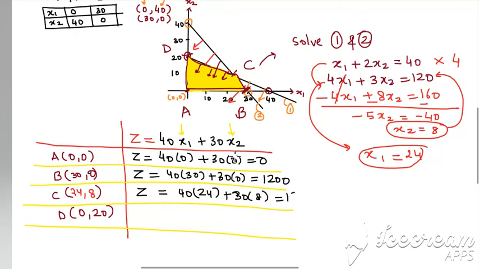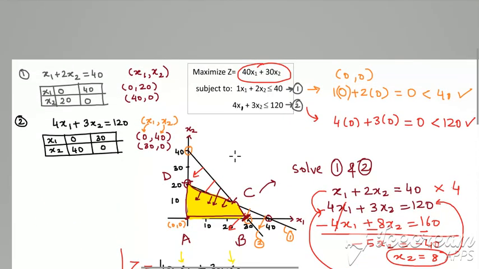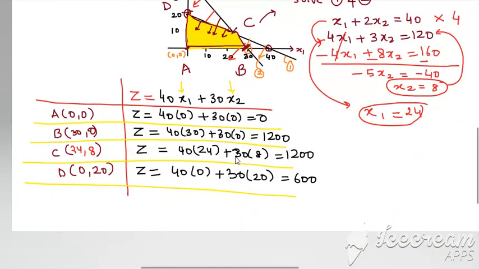Again if you simplify you will get 1200, and z is equal to 40 times 0 plus 30 times 20 gives you 600. Now what does the question say? The question needs the maximizing value of z. So here we can see that the maximum value occurs at two points, B and C.